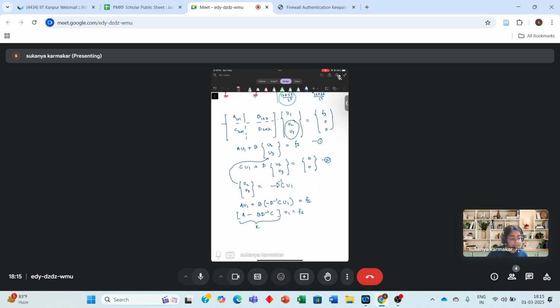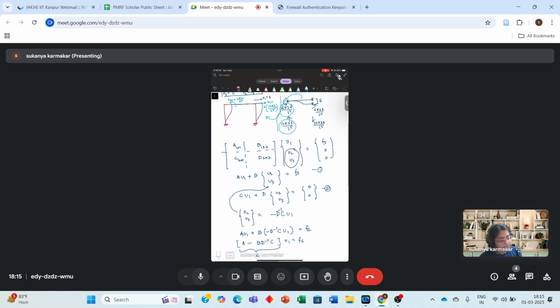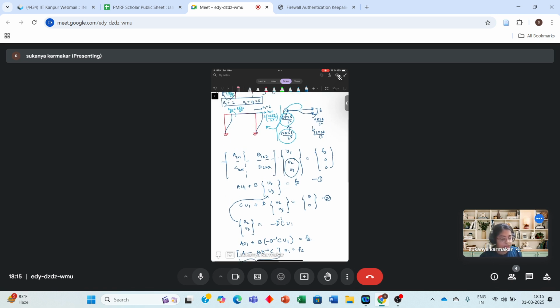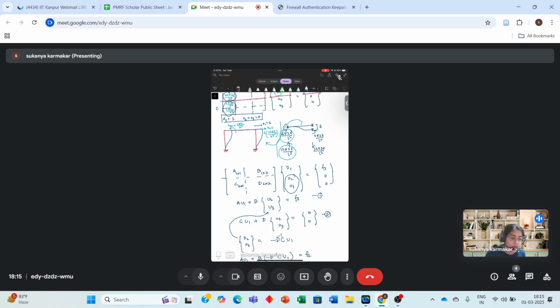So, ma'am, when I have a complex system, is this the only way by which I can calculate K effective? What do you mean by a complex system? Here I removed only the degrees of freedom which I did not require.